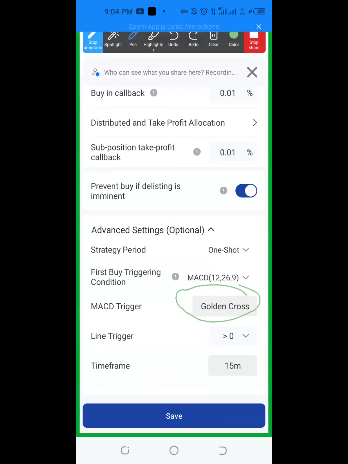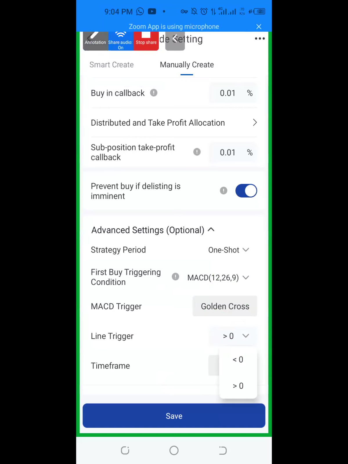Since I want the bot to only trigger when there's a golden cross above the zero line or the green histogram, I will leave it at greater than. But if I want the bot to pick this trade only when the crossover, the golden cross, happens below the zero line or the green bars, I will change this to less than.